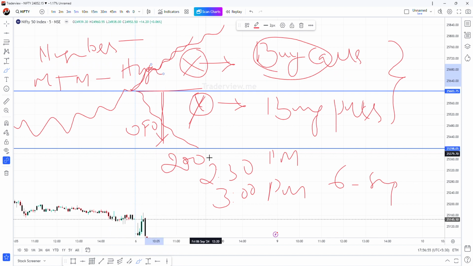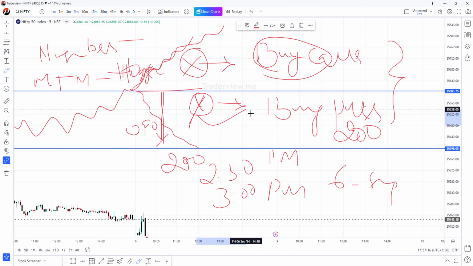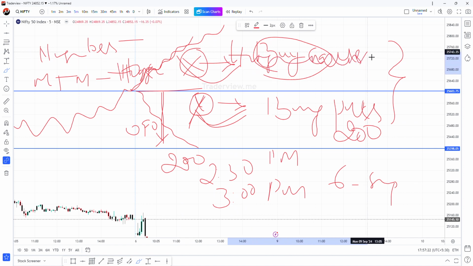Doing nothing on the day, he is getting a reward of 200 points because the market was kind enough to reward him since his analysis has gone right. So he will be having a huge profit. The X trader will have a huge loss on his MTM.